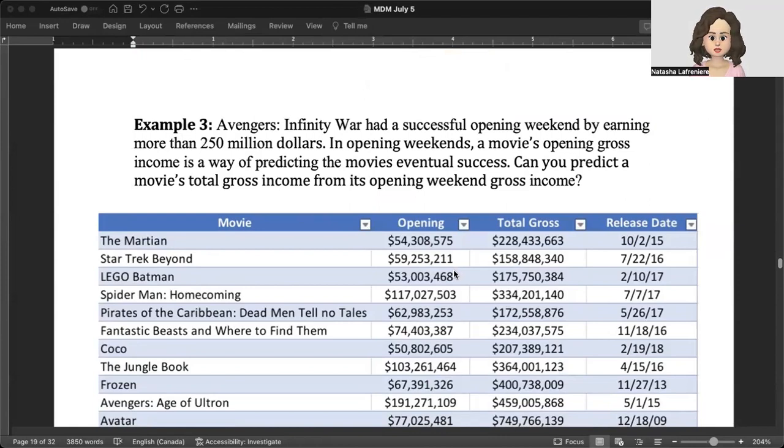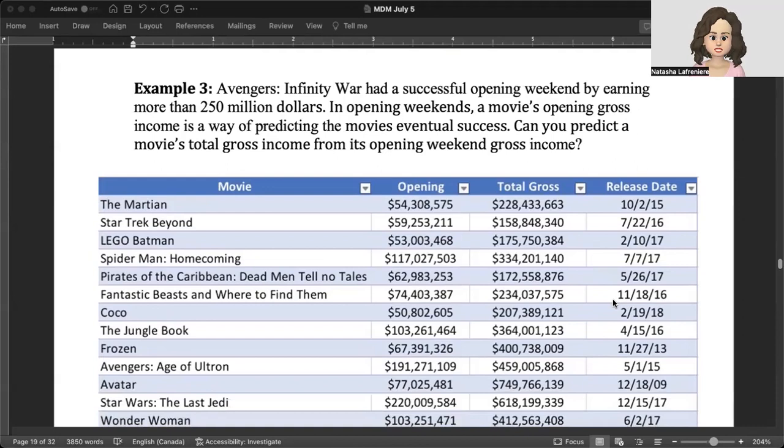How many people go to see it on opening day, how much money they make, really depends on how the movie is going to do. If you go see a movie for the very first time, you're going to come back and tell your friends, oh my God, Avengers was awesome. And more people are going to go and they're going to make more and more money.